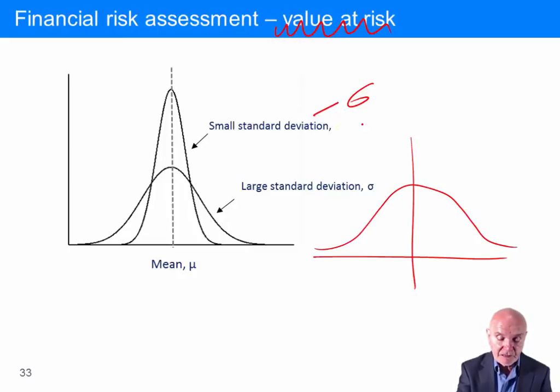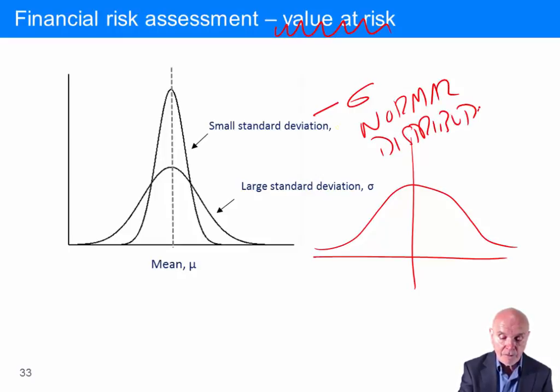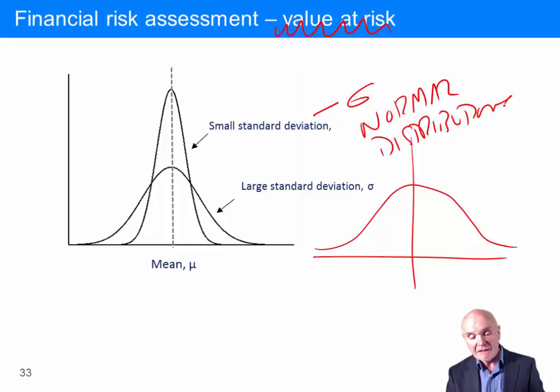We're assuming here that we're dealing with what are called normal distributions. They're all the same basic shape, but just wider or narrower. Many natural phenomena like height, weight, and so on follow normal distributions, and we have to assume a lot of financial measures follow this as well.